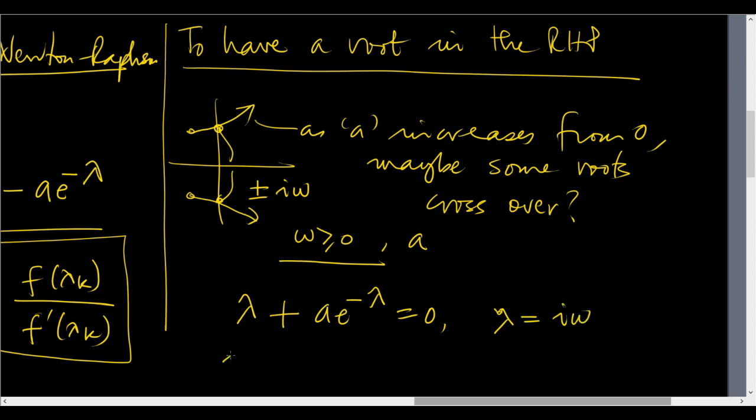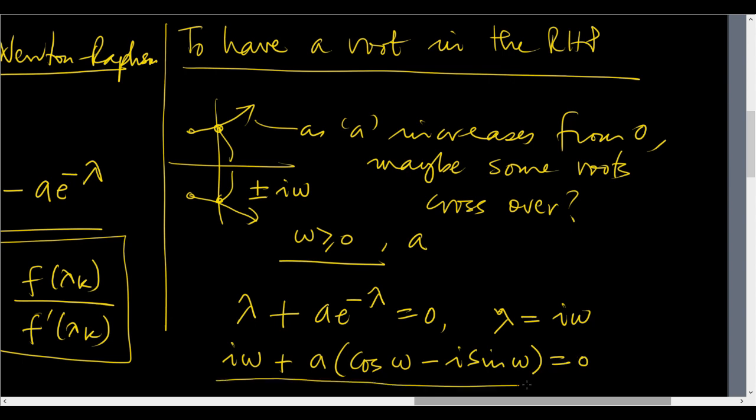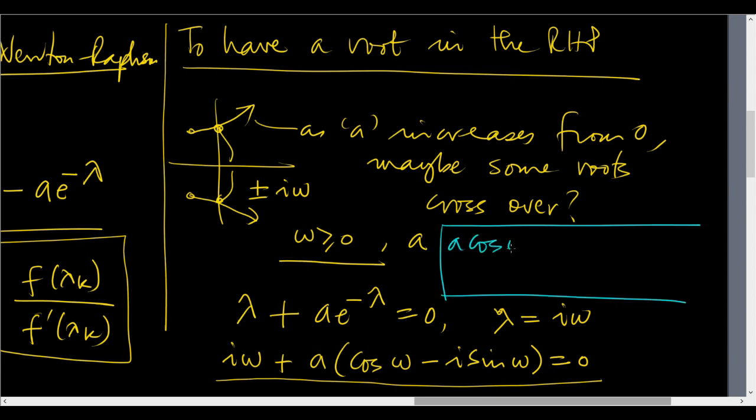We will get i omega plus a cos omega, let me see now, minus i sine omega equals 0, and then this will be separated into real part and imaginary part. For ease of visibility, I will write it here. So we will have a cos omega equals 0.